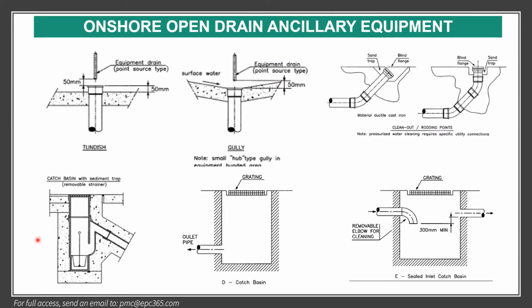I wanted to show you different types of open drain equipment. There is the funnel dish and gully, which takes from equipment drain, and also the catch basin. This is for the outlets, and this is the inlet with 300 millimeter, and this is the routing point.